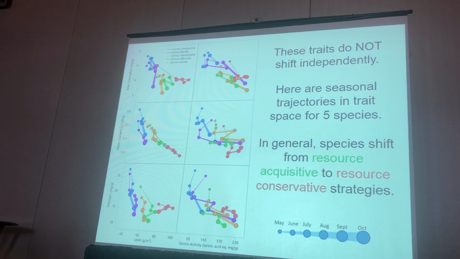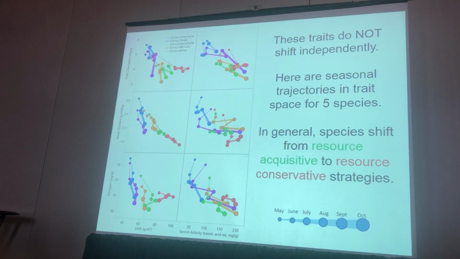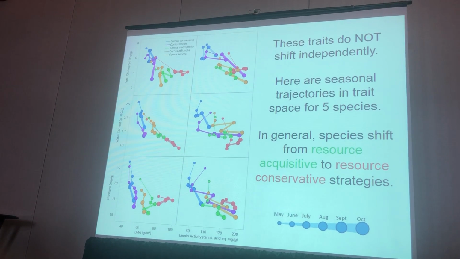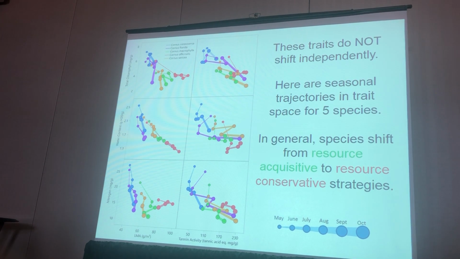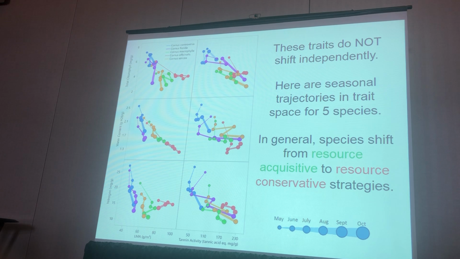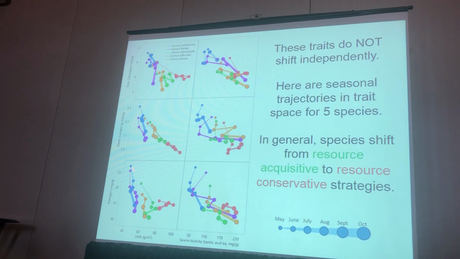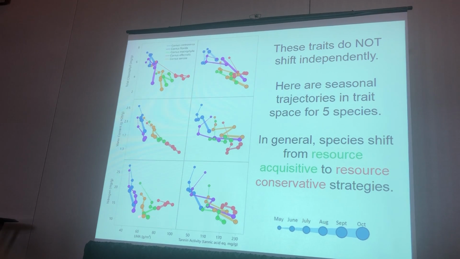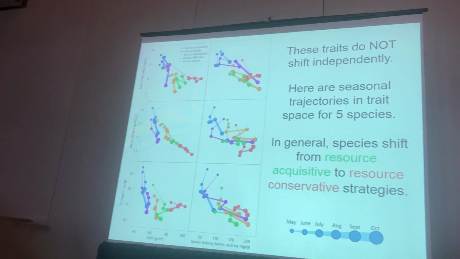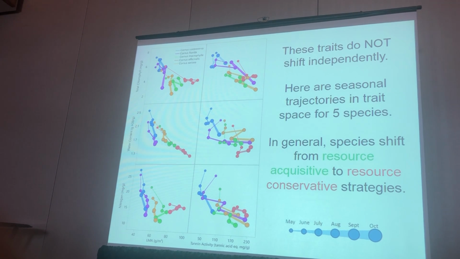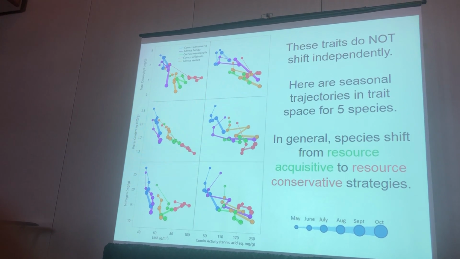These seem to shift together through trait space, and in general they tend to shift from more resource acquisitive combinations of traits to more resource conservative. It's a wiggly set of terms, but in any case, typically from something like low LMA, high nitrogen down to the other corner, or water content and LMA, or chemical defense with chlorophyll and things like that. So a lot of variation, and it's not independent.